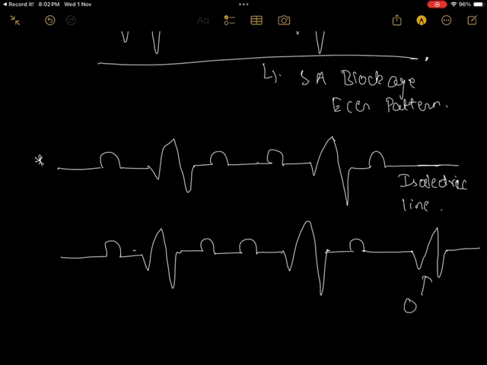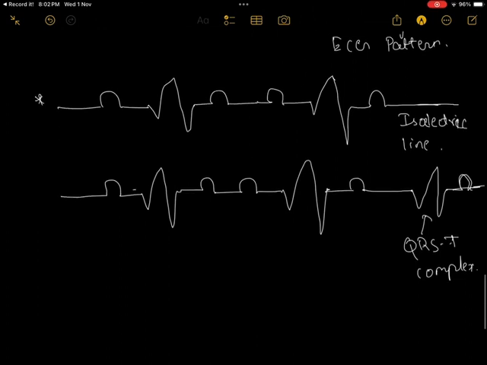You can see this is the QRST complex, but there is no formation of P waves, only formation of QRST complex.